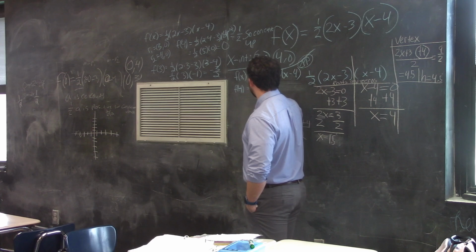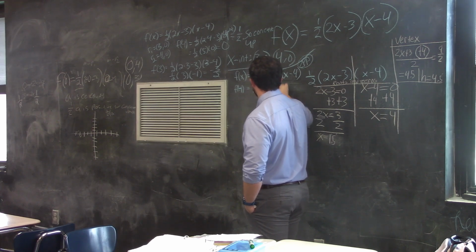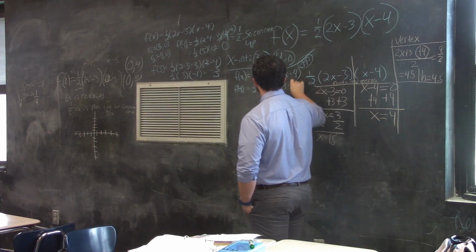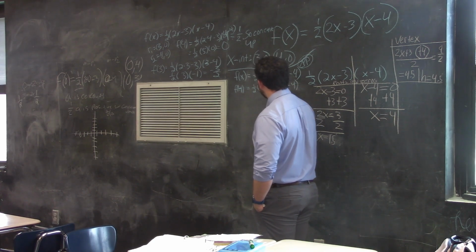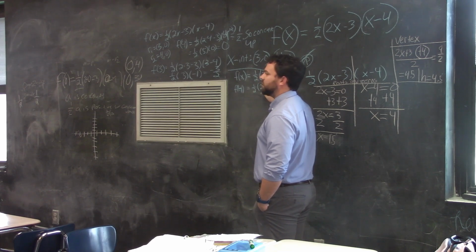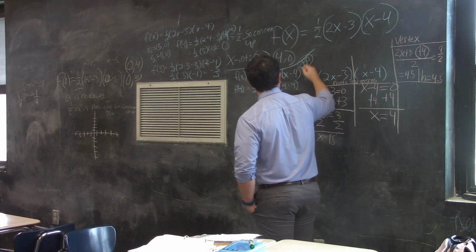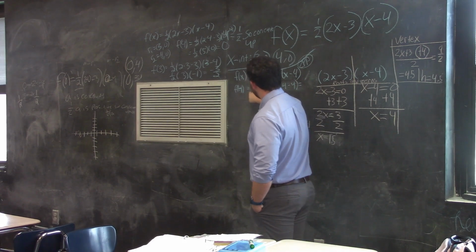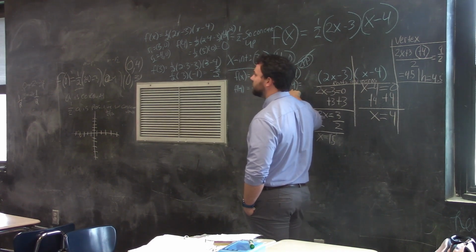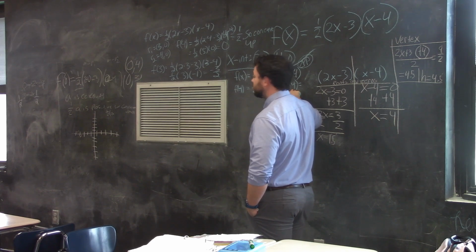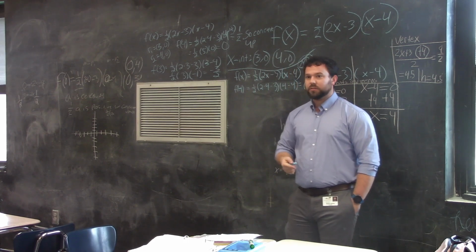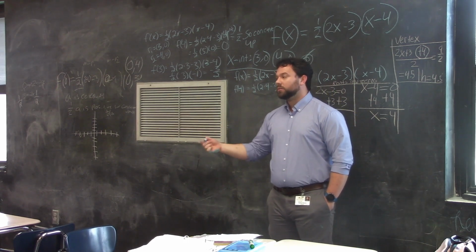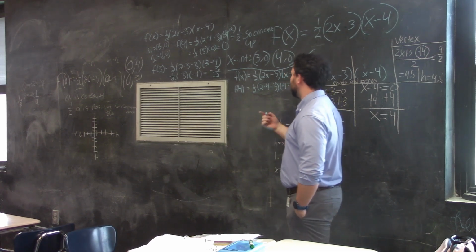What's 4 minus 4? 0. So as soon as I multiply by 0, what is all of this going to become? 0. It doesn't matter what any of this is. 4 minus 4 is 0, and if I multiply by 0, I get 0. That's why it's called a zero. The output is 0. That's my x-intercepts, my roots, all that fun stuff.